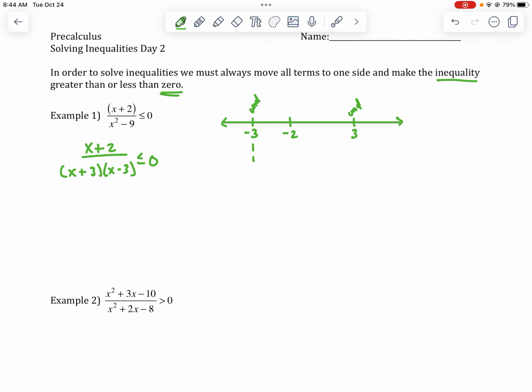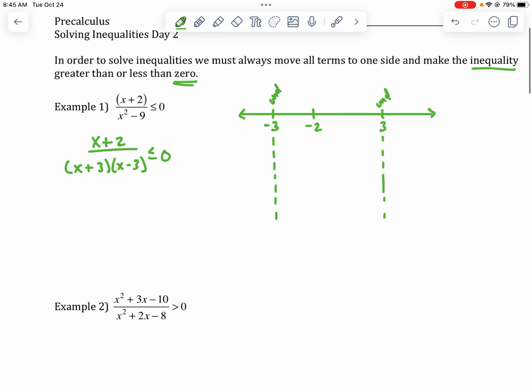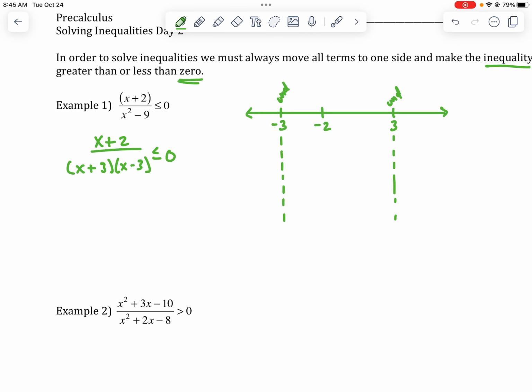Sometimes another thing that might be helpful is, when you make your table here, dash those, because no matter what, we can't include 3 and negative 3 because they're in the denominator. And we can't include them because that would make the denominator 0, which is undefined. So everything else, though, is going to be the exact same.